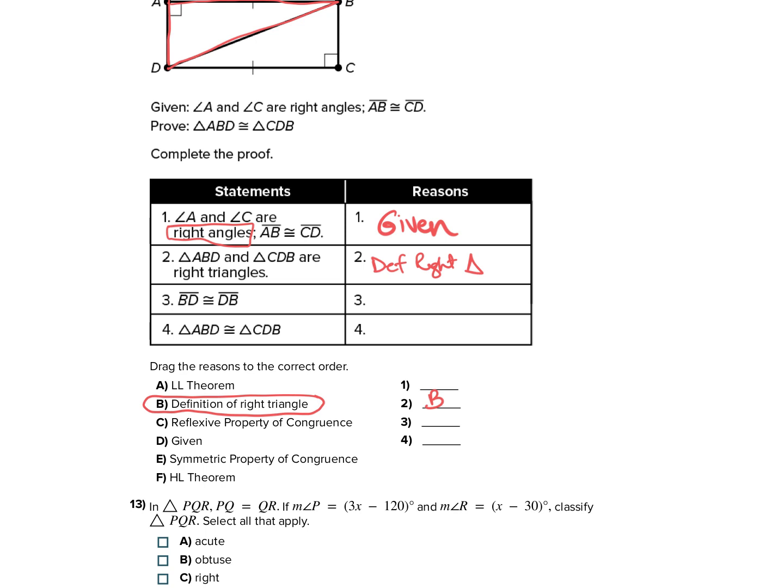Definition of a right triangle is a triangle with a right angle. And we're given that. Now, here, they flip-flopped DB and BD. They're the same thing. They did it just to indicate that the same side is shared by two separate triangles.